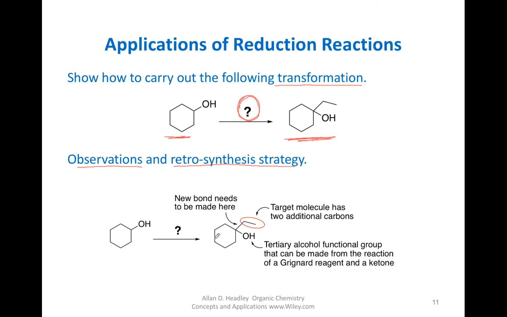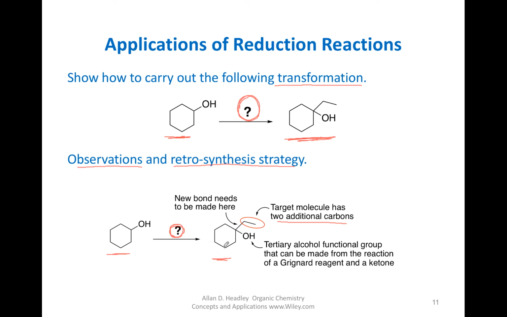Let us carry out the observations first. The first observation is that this molecule has two additional carbons that are not in the reactant. Therefore, whatever you use here has to have two carbons added to this cyclohexanol to make this product.